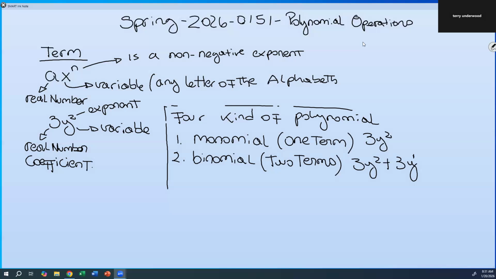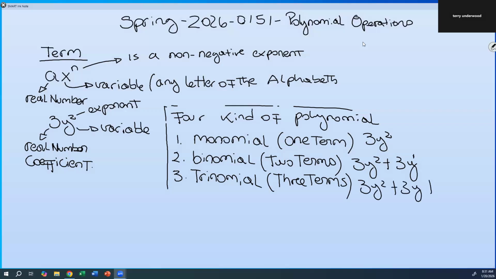And then you have a trinomial. A trinomial has 3 terms. An example of that would be 3y squared plus 3y plus 5. You have 3 terms. But this term in the end is called a constant.